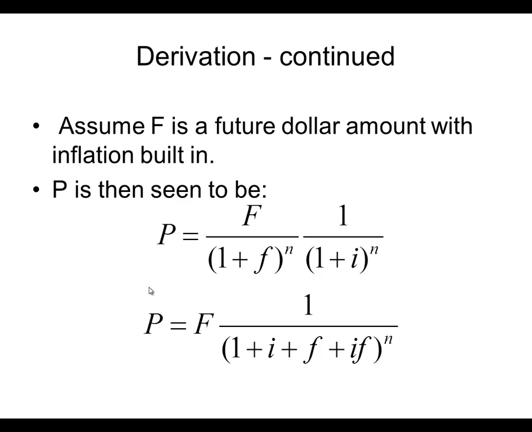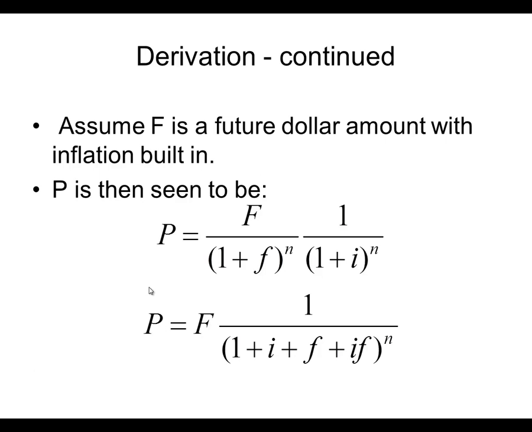If we assume that F is the future dollar amount with inflation built in, then P is equal to the future value divided by (1 plus f), which is the inflation included, to the power n, multiplied by 1 divided by (1 plus i), which is the real interest, to the power n.